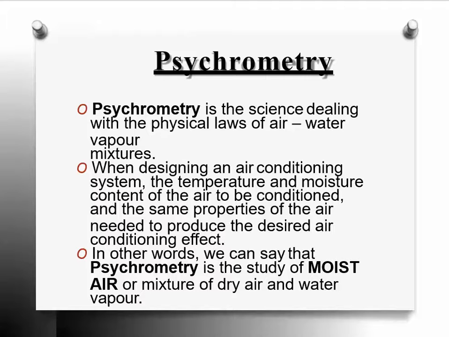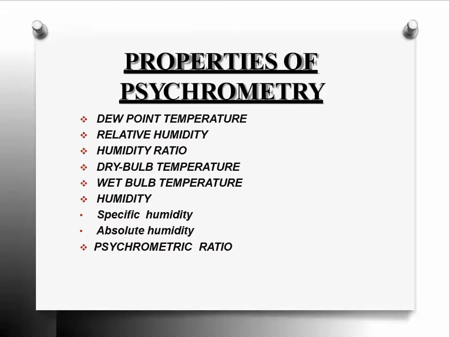When designing an air conditioning system, we need the temperature and the moisture content of the air to be conditioned, and the same properties of the air needed to produce the desired air conditioning effect. In other words, psychrometry is the study of moist air, or a mixture of dry air and water vapors.